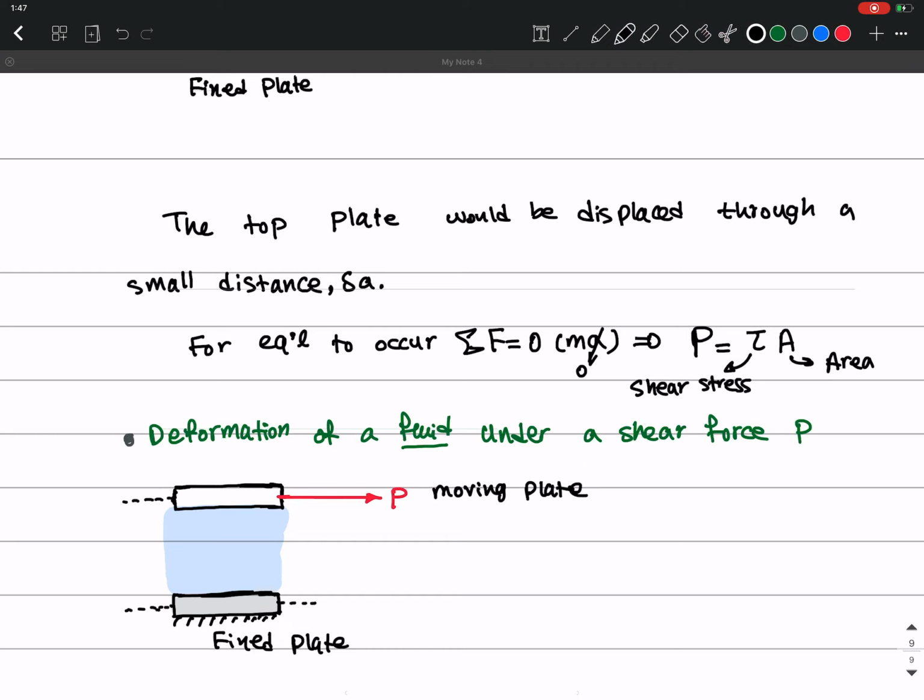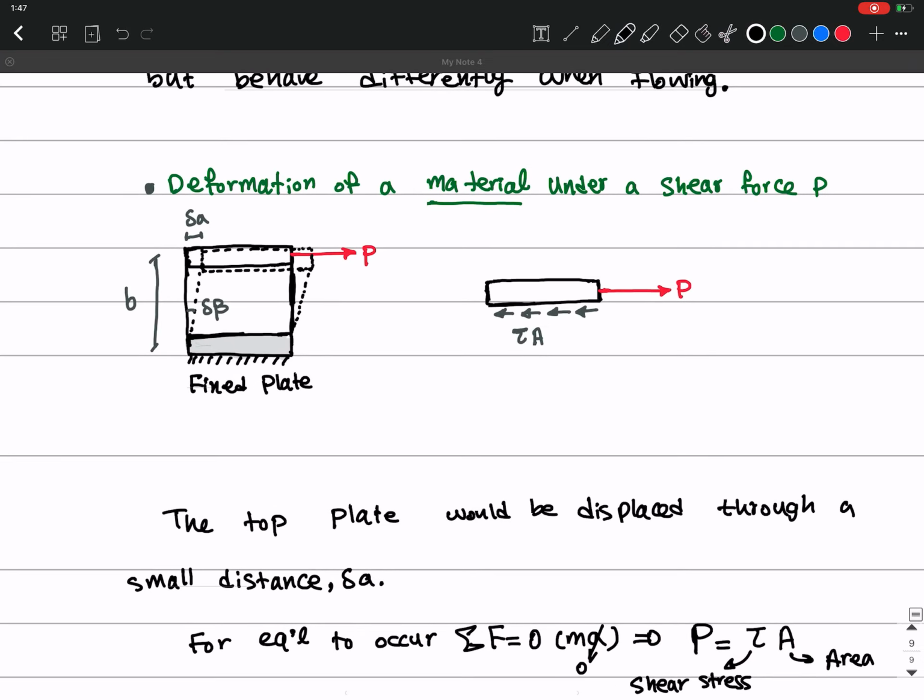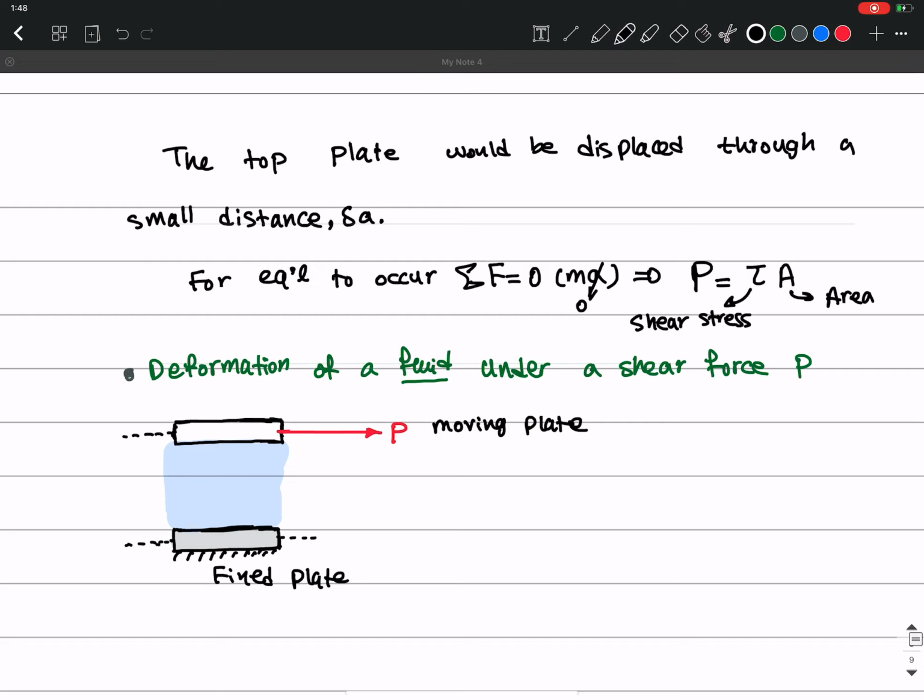Unlike the previous case, which was going to deform and stop there because we had a material in between, not a fluid, this plate is going to move.